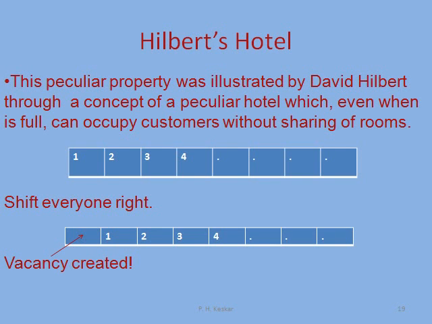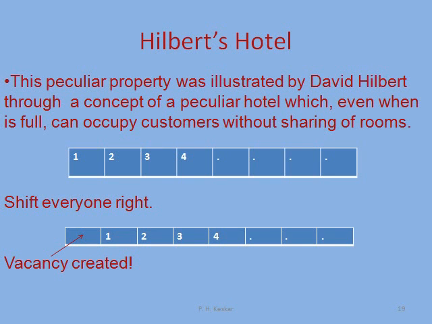Suppose you have these rooms arranged in a serial order 1, 2, 3, 4, etc. What you do is you move everyone to the next room, or shift everyone to the right. Since everyone has a room to the right, because this does not stop, everyone can be shifted. But then the room occupied by the first person becomes empty, so a vacancy is created, and you can put the new customer there.